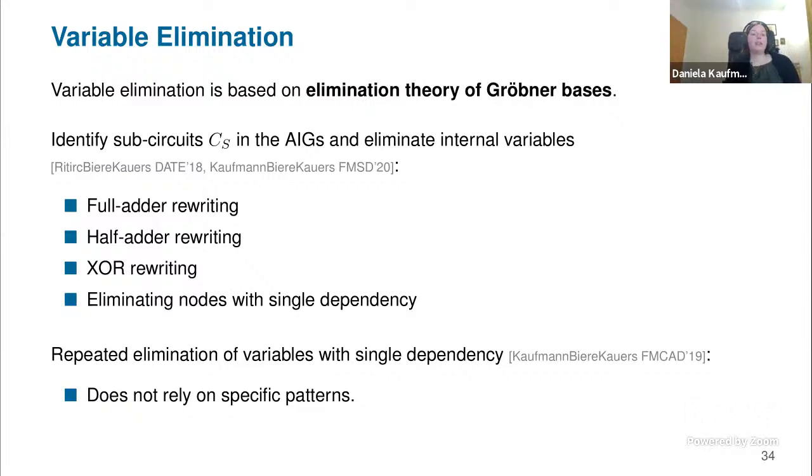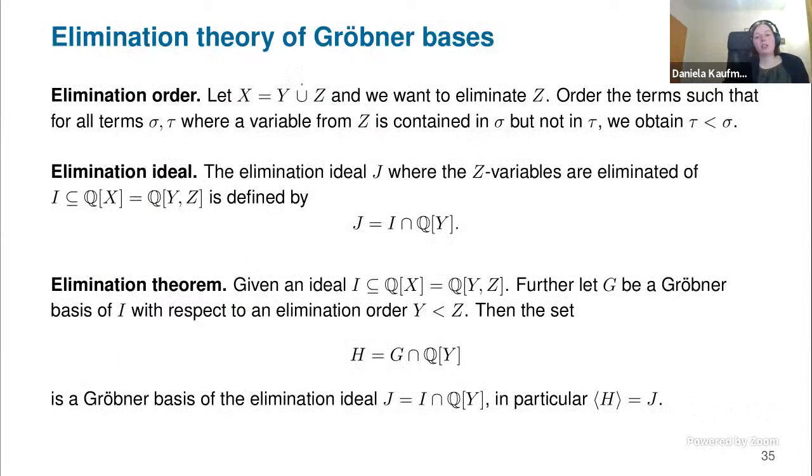As I said, for that we use the elimination theory of Gröbner bases. If we want to eliminate a variable in a Gröbner basis, we first need to fix an elimination order. For that, we split our variables into two disjoint sets, namely the variables we want to keep, which are written here as Y, and the ones we want to eliminate, which are written here as the set.